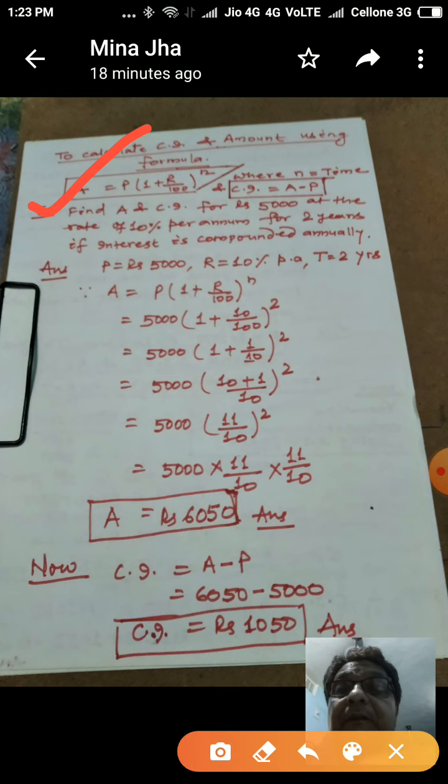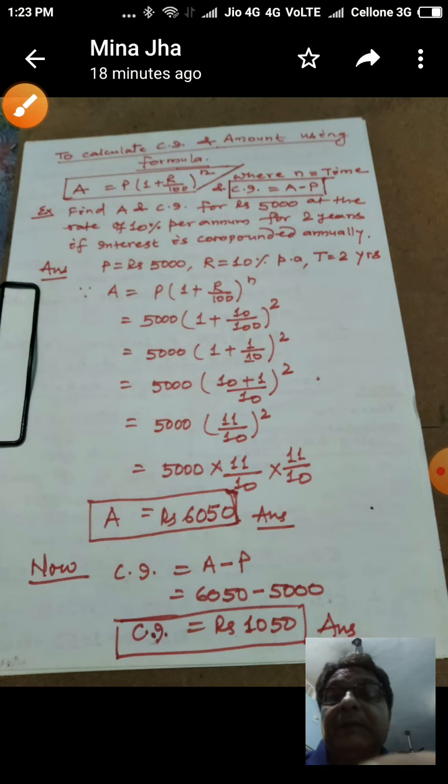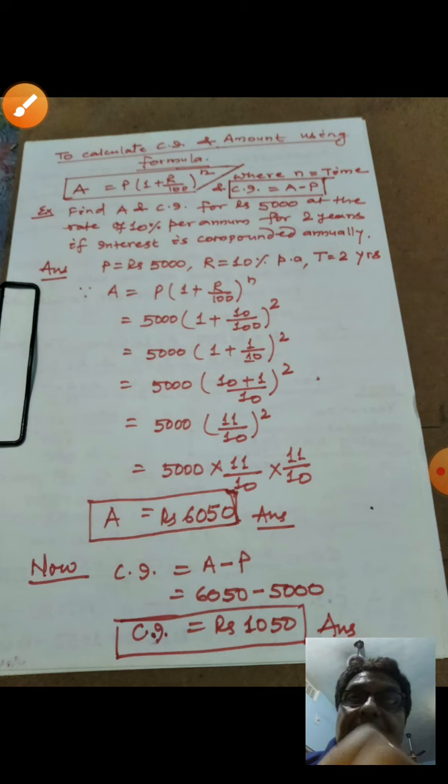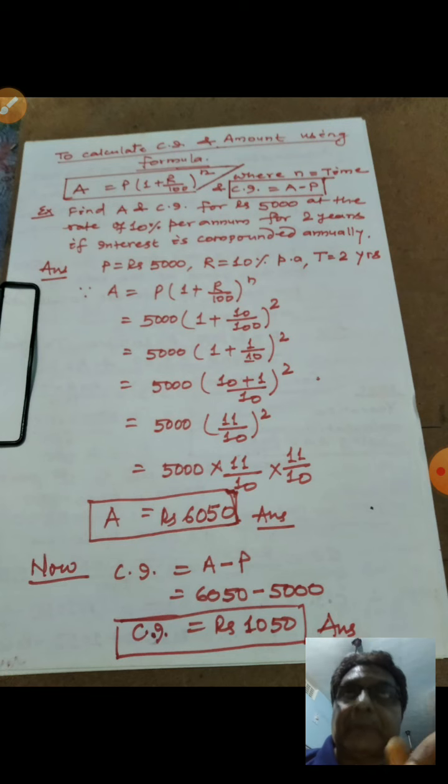By using this formula, first we will get the amount. Amount means principal plus extra money, that is compound interest. And then after calculation of the amount, from this amount we will subtract the principal borrowed, that is amount minus principal.